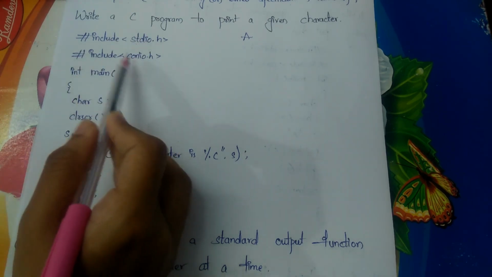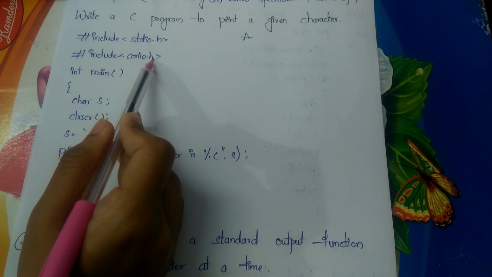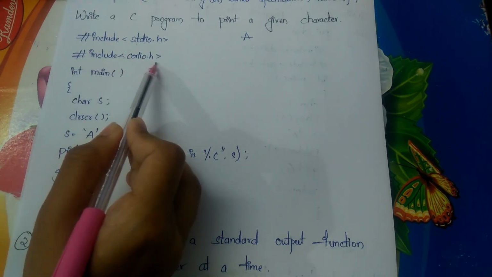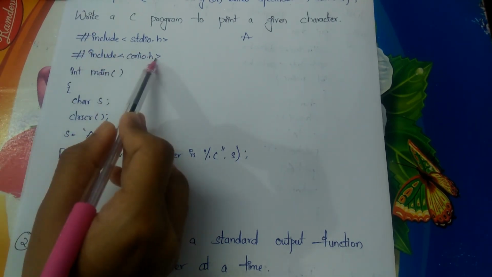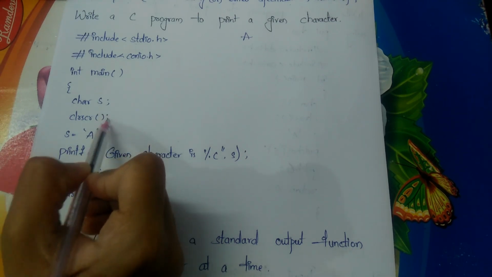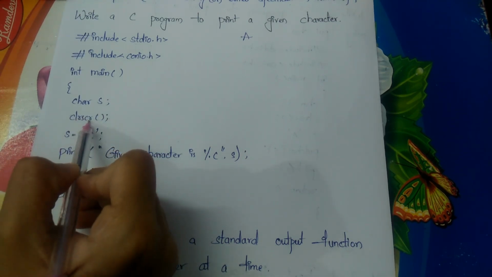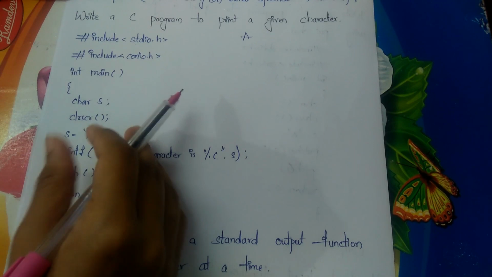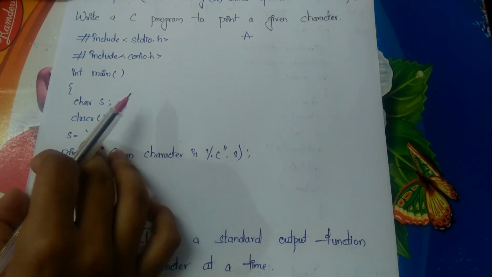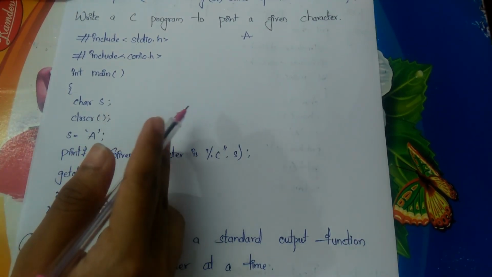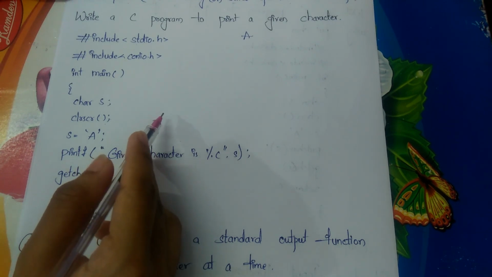Now the next header file is #include conio.h. This is not mandatory, but the use of it is that we can access the function clrscr, that is clear screen. A user does not write only one program in one compiler; he or she writes many programs in a single compiler.